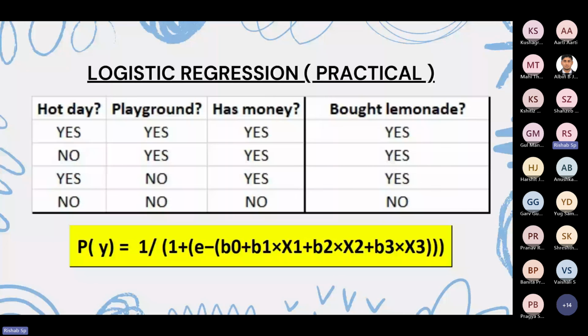The image you should have in your mind is Mr. Bean selling lemonades: dependent, sales; independent, temperature, whether there is a playground near his stall, etc. That's linear regression. Simple linear regression has only one independent variable. Multiple linear regression has multiple independent variables.